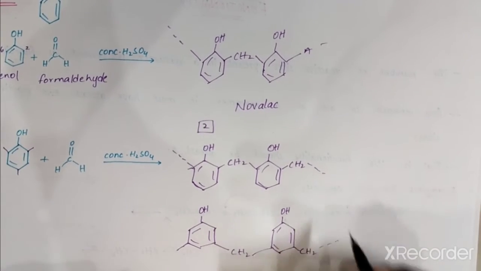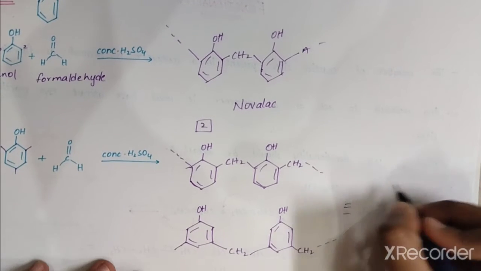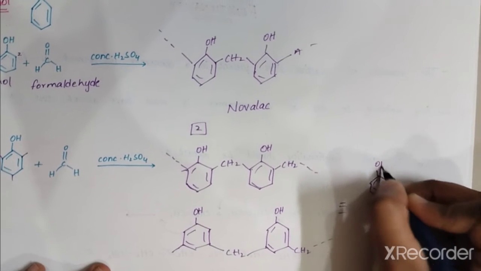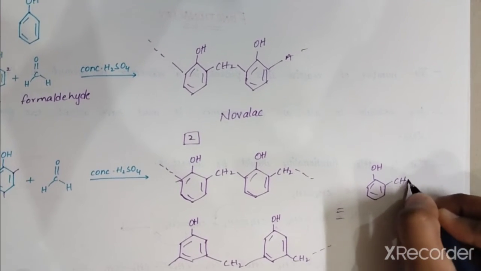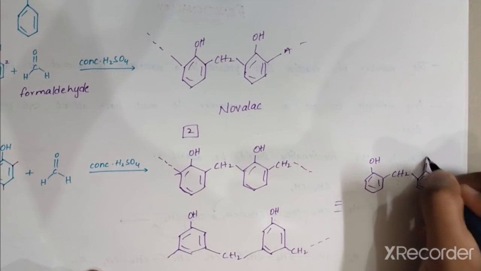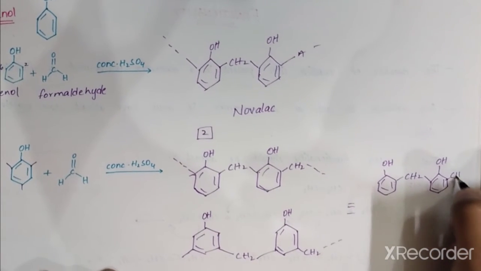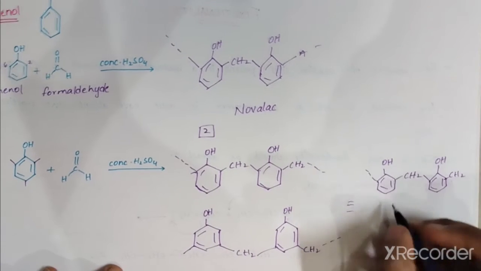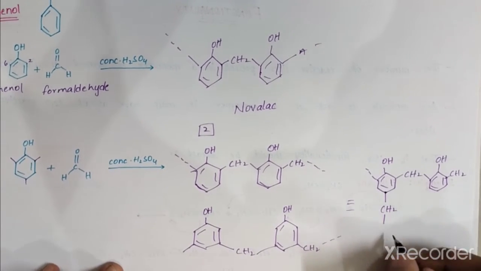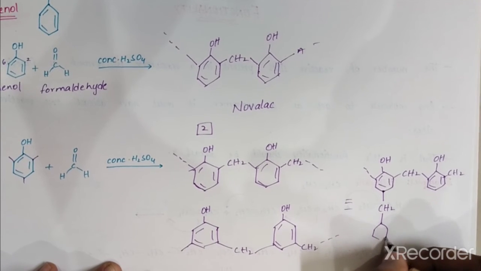The structure will be here as phenol, CH2, phenol, OH, CH2, and here again CH2 will be formed between the two phenols.